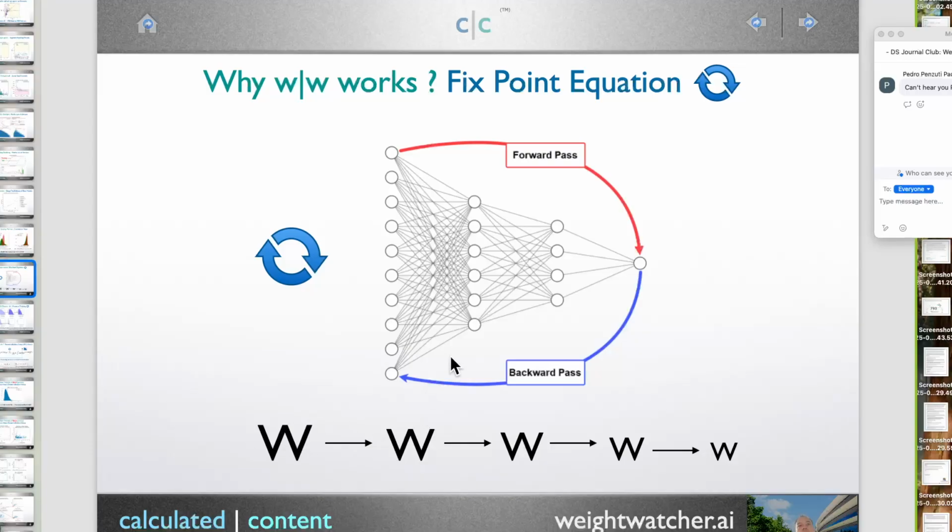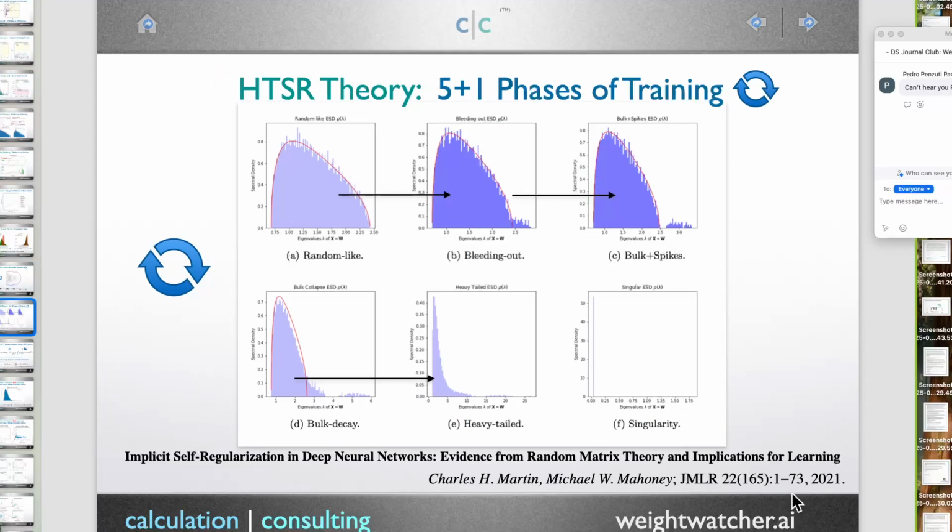In other words, when you start off you have a random matrix, and you're concentrating the correlation into some small rank subspace of the layer. We suspect this is associated with some kind of fixed point equation for each layer. In the HTSR paper, the 2021 paper in JMLR, we describe a sort of phenomenology where you start off with a model initialized with a random matrix.